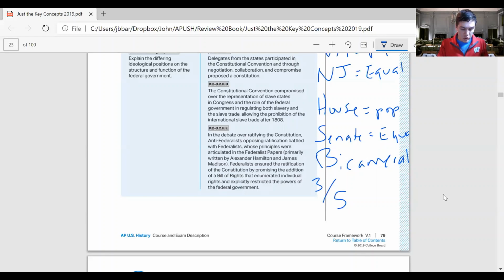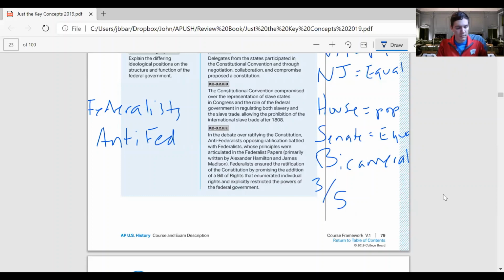Now, when they're going to debate the Constitution, this is where a lot of the fight comes in. We have two sides. We have the Federalists and the Anti-Federalists. Federalists want a strong central government. They support the Constitution, whereas the Anti-Federalists want strong states.